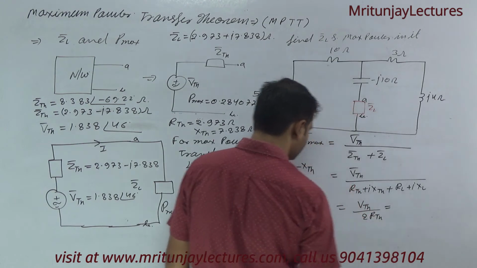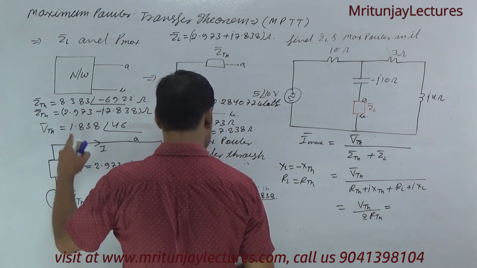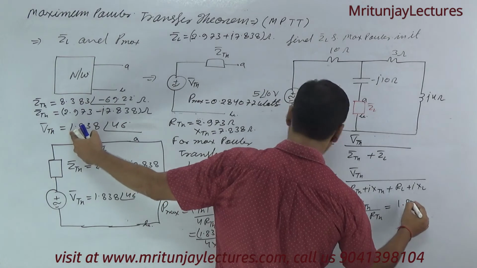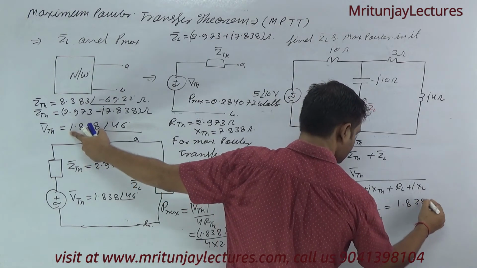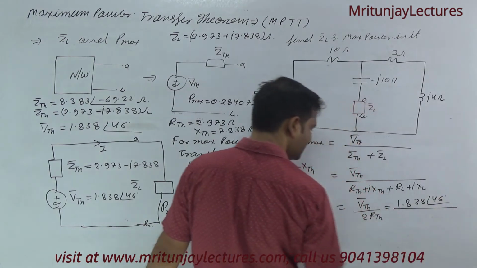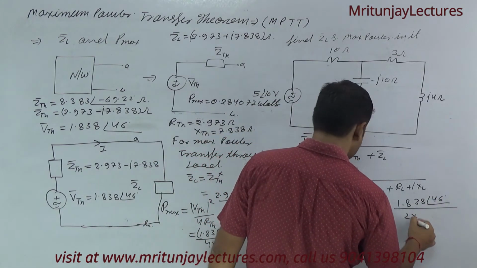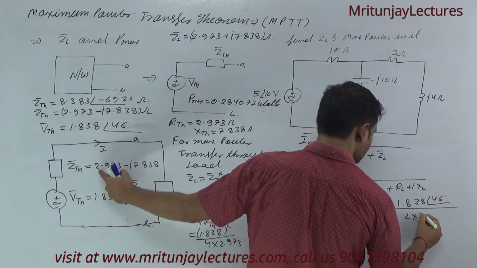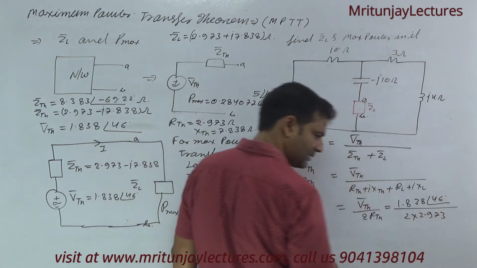Okay, so what about, that is 1.838 at the angle of 46 degree divided by 2 into RTH. What about RTH? That is 2.973.